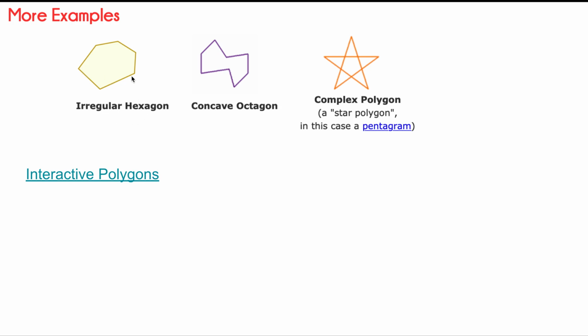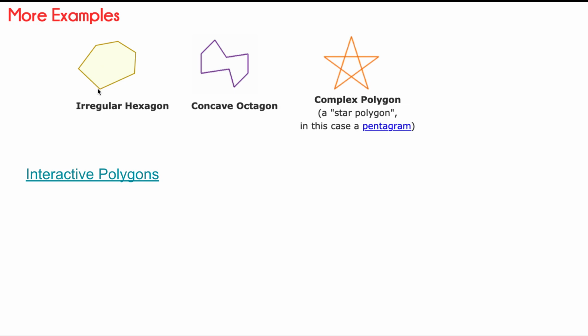Hexagon, because there are 6 sides. This one has 8 sides, so we call that an octagon. It is a polygon, but it's irregular, and it's also concave, because you can see this angle here is bigger than 180, right? And it's simple, and this is also simple. Is this concave or convex?